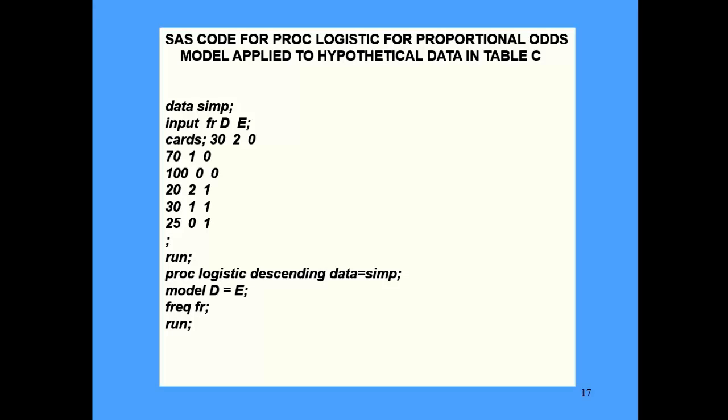It looks like what you would normally write if you were doing binary logistic regression, except you're counting the frequency in the cells, and instead of having 4 cells, you have 6 cells.